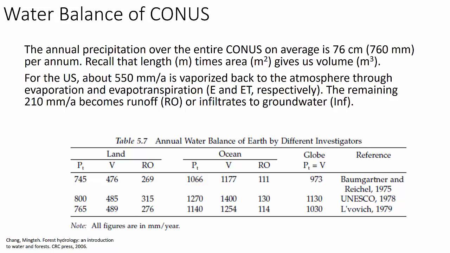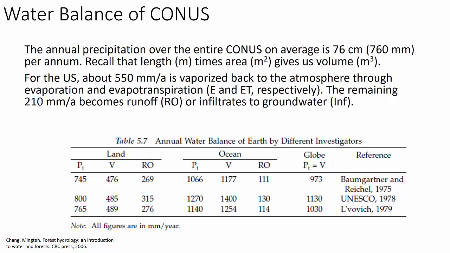Now, evaporation is just what you know, but evapotranspiration is the water that goes back to the atmosphere through living organisms, plants. Transpiration is the mechanism by which plants move water from the soil up through their leaves and evaporates. And that process is critical for plant life because that's the pump that moves nutrients into the plant tissues from the soil.